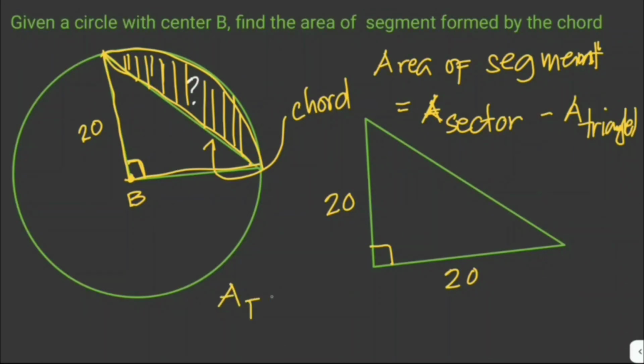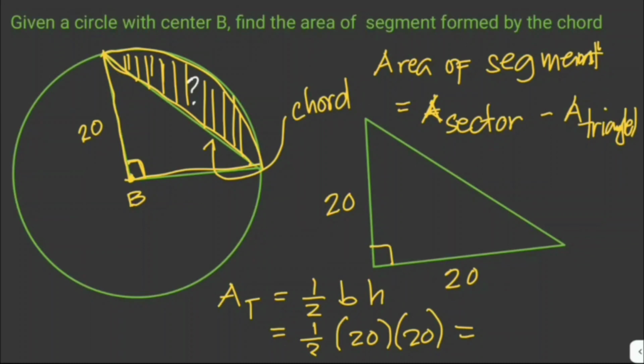The area of the triangle is just equal to 1/2 base times height. We're given here the base, which is 20, and the height, which is also equal to 20. So that is 1/2 times 20 times 20. The area of the triangle is just equal to 200.